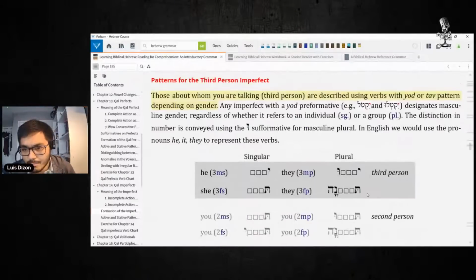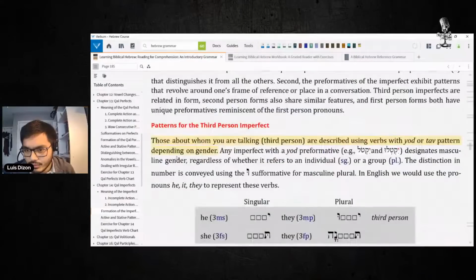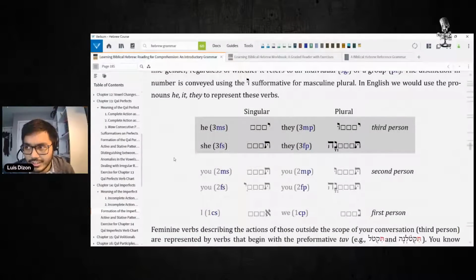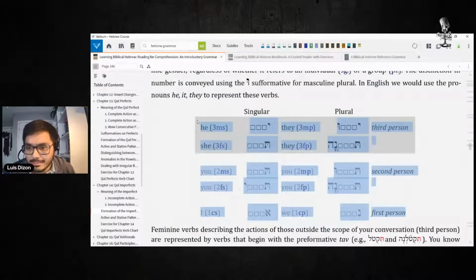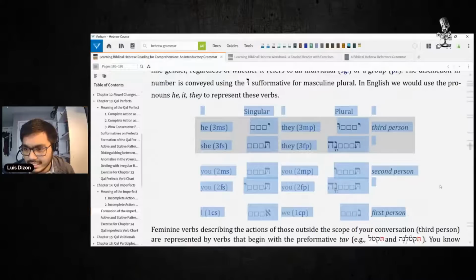By the way, one of the things you may have noticed, I realize there are a few people who may have already learned how to memorize verbal paradigms in other languages, for example Spanish or Greek or Latin. You'll notice that in a Semitic language such as Hebrew, you learn way more forms of the verb than in Greek or Latin, because Indo-European verbs generally are not gendered, whereas Semitic language verbs are.